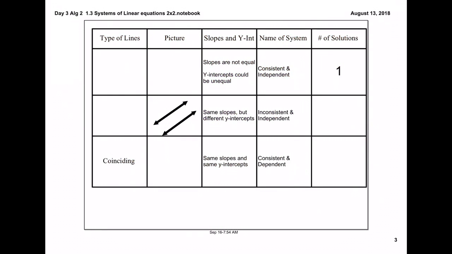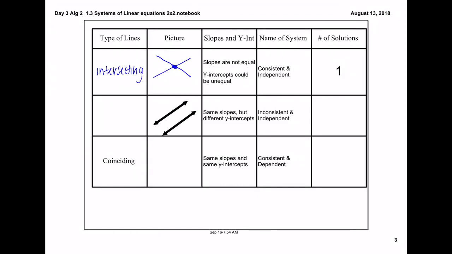When we're talking about systems of linear equations, we have 3 different types of systems. The first type of line that we want to talk about is two lines that intersect. And when we draw a picture of two intersecting lines, it looks a lot like what we just had in the previous example 1.